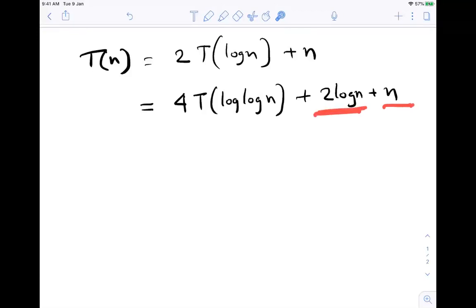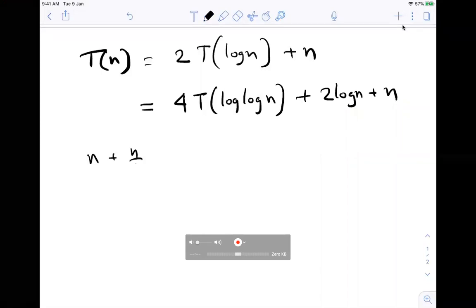Log n is way smaller than n. You know, for example, that n plus n/2 plus n/4 plus dot dot dot equals twice n.